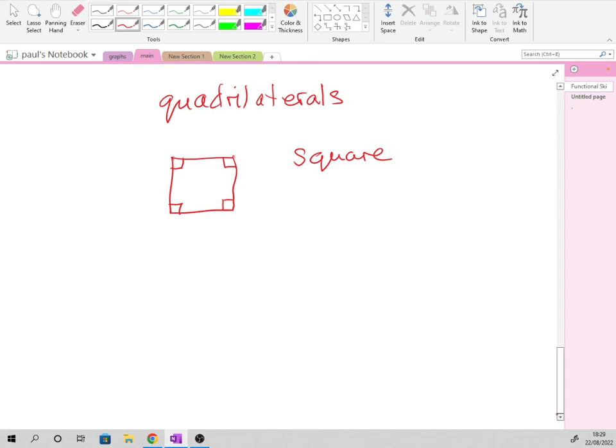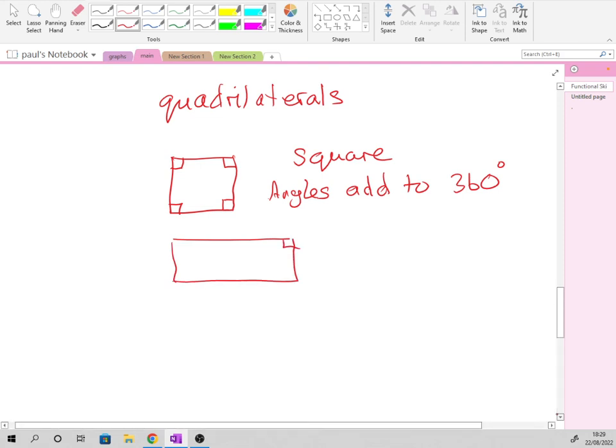Therefore, angles this time add to 360. There's nothing to find out there in a square. If you know it's a square, it's always 90. And the same with a rectangle, exactly the same. Everything is 90. So 90, 90, 90, 90, add up to 360.